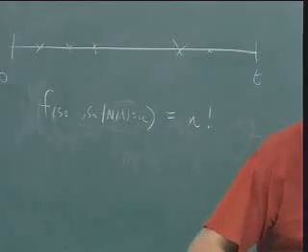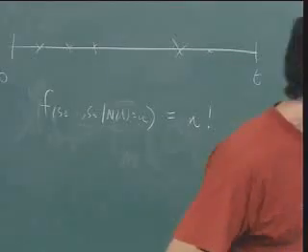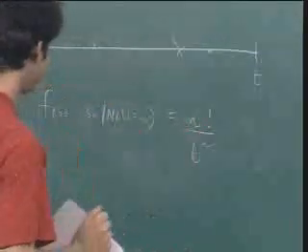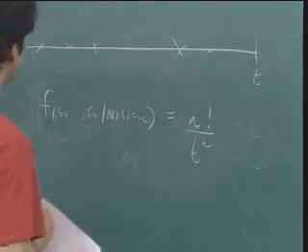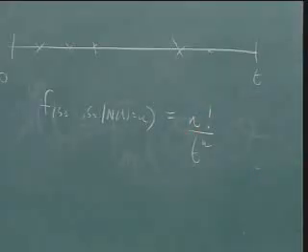Just want to make sure I don't make a mistake here. Yeah, so it would be n factorial over t to the n. That's something that is also very, very useful to remember.